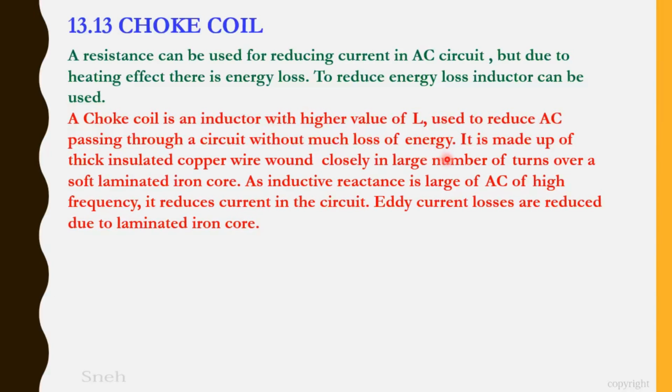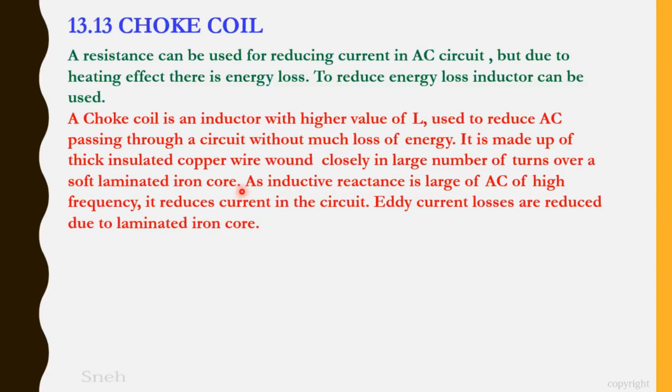This choke, whatever we are using, is made up of thick insulated copper wire wound closely in a number of turns over a soft laminated iron core. What is a laminated iron core? Why use a soft iron core?